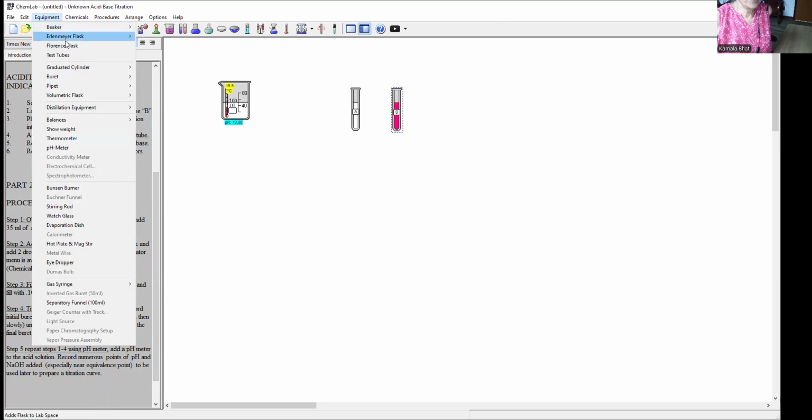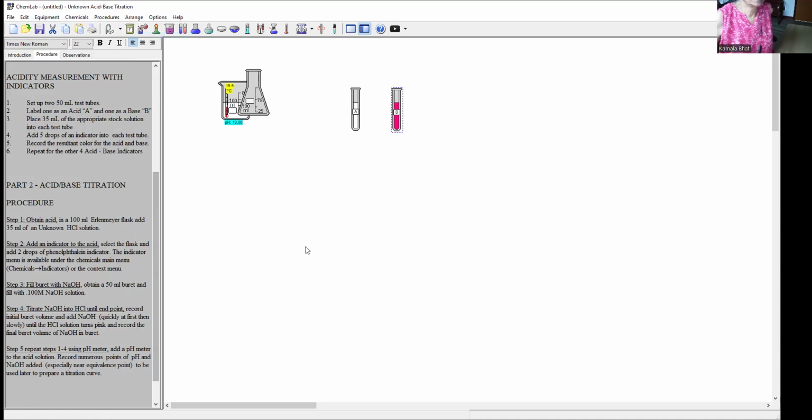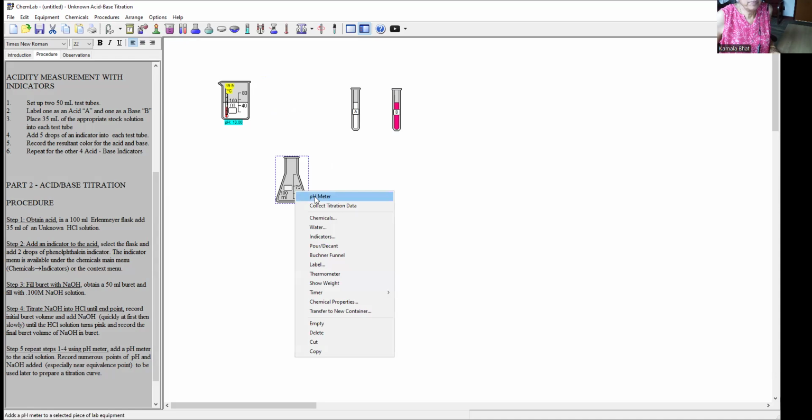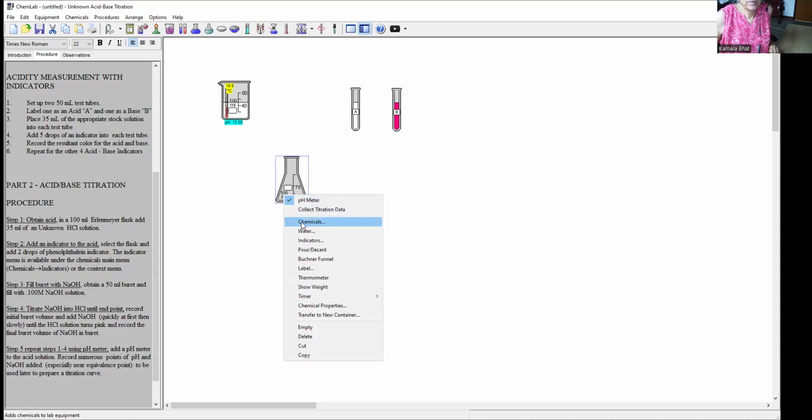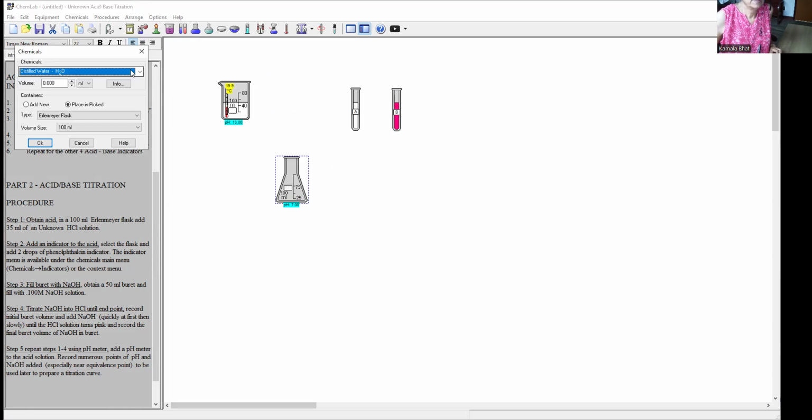And most of you should have done the titration in the lab. Erlenmeyer flask. They ask you to get a 100 ml Erlenmeyer flask, pH meter. And then go to the chemicals, and they will say unknown acid.